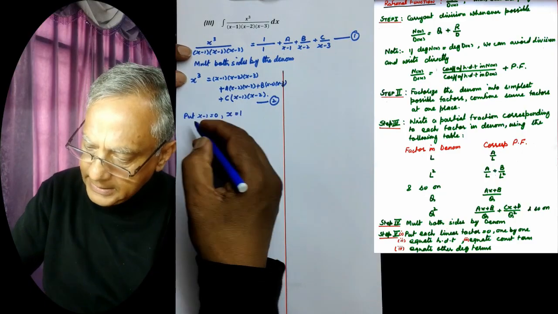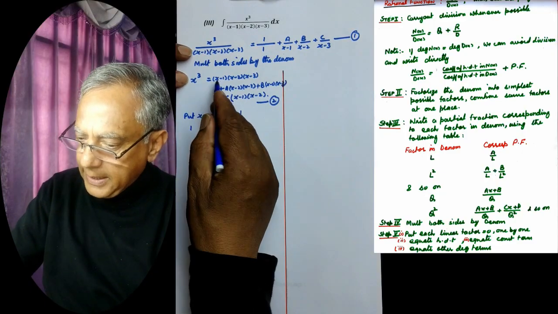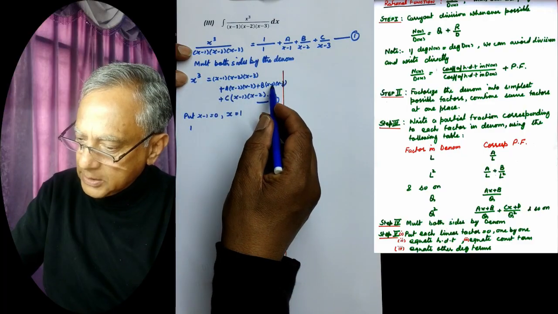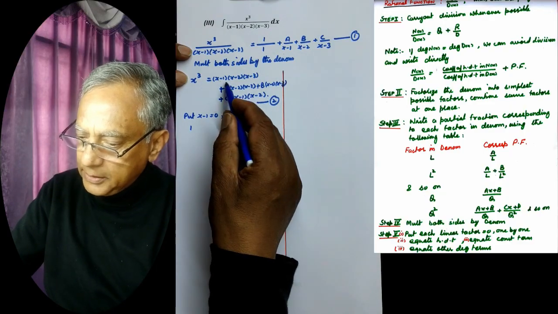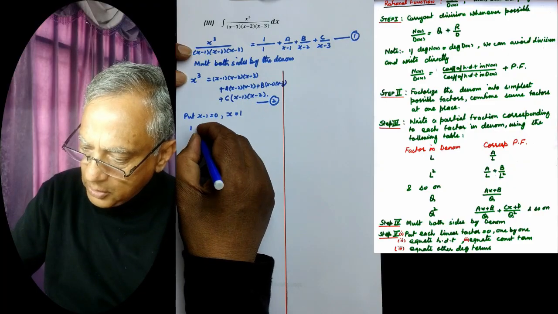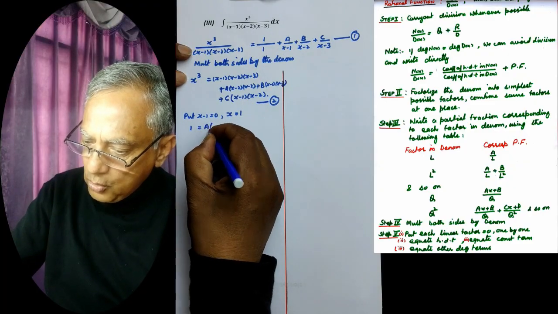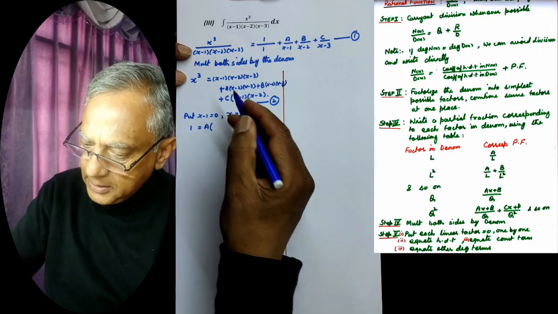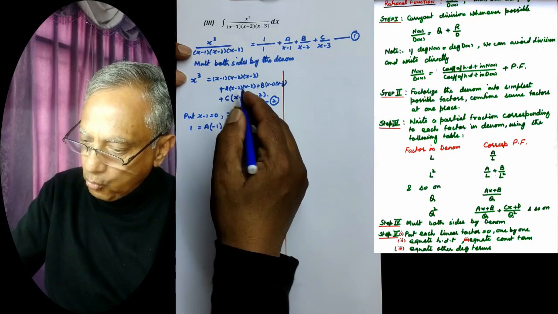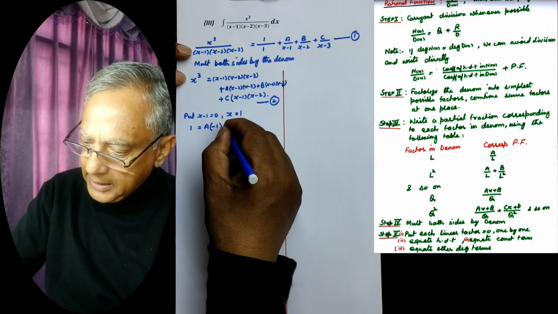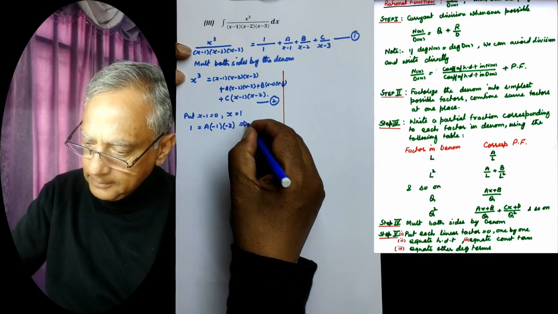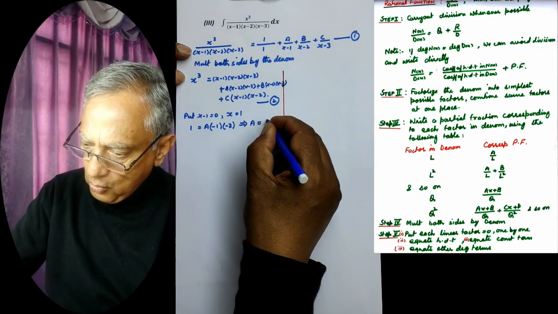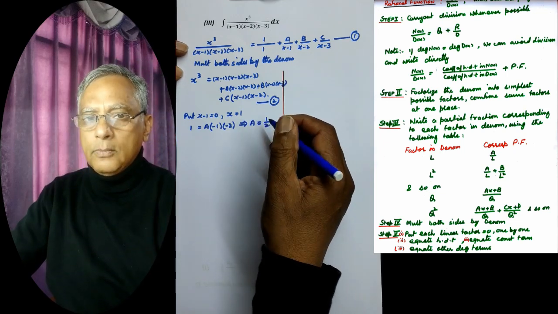So what we get is x is 1 and this will be 0, x minus 1 is 0. So we will get only this term. So this is equal to A into 1 minus 2, that is minus 1, 1 minus 3, that is minus 2. So this implies A is equal to 1 by 2.